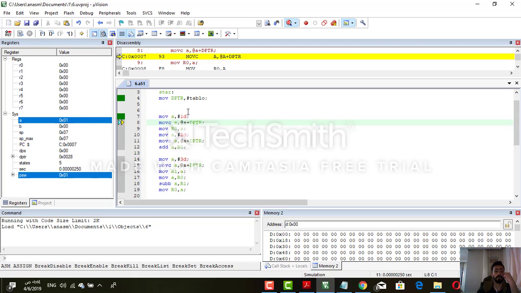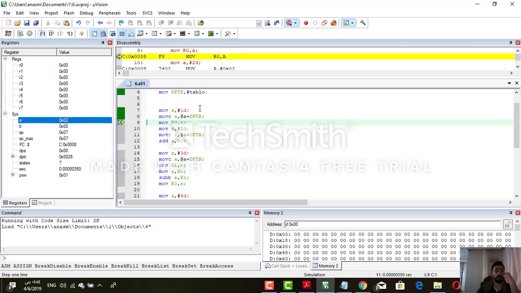Now we move the number 1 decimal to A, and after that we move A and the value of data pointer, the address pointed by A and data pointer, to A. So the new value of A is 2, because data pointer is the first value of the tuple.